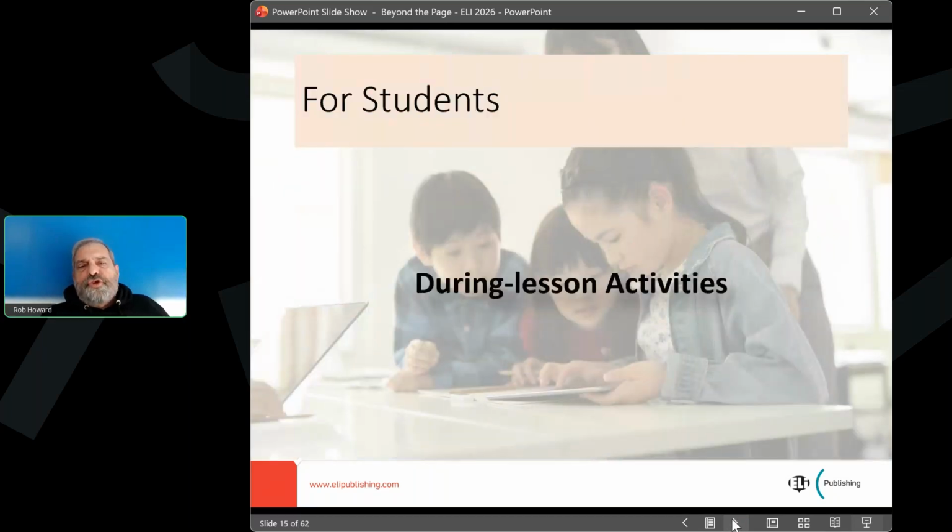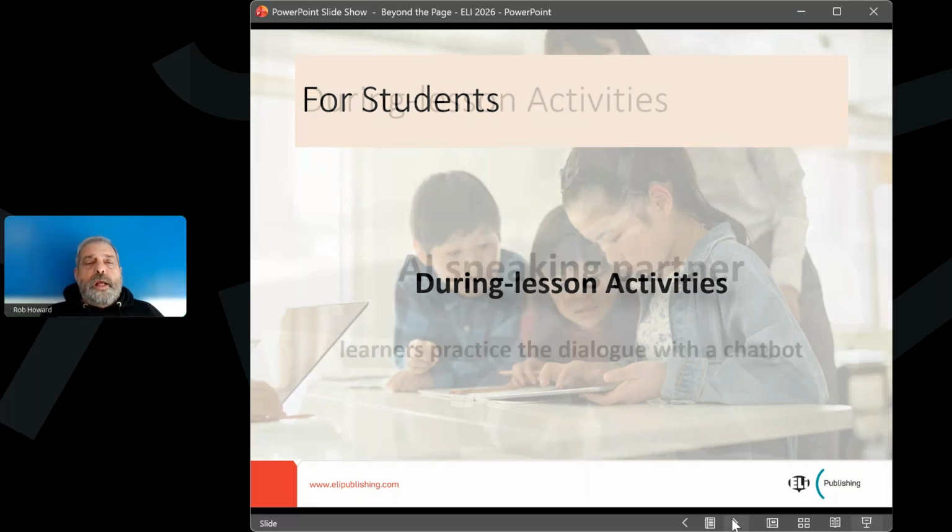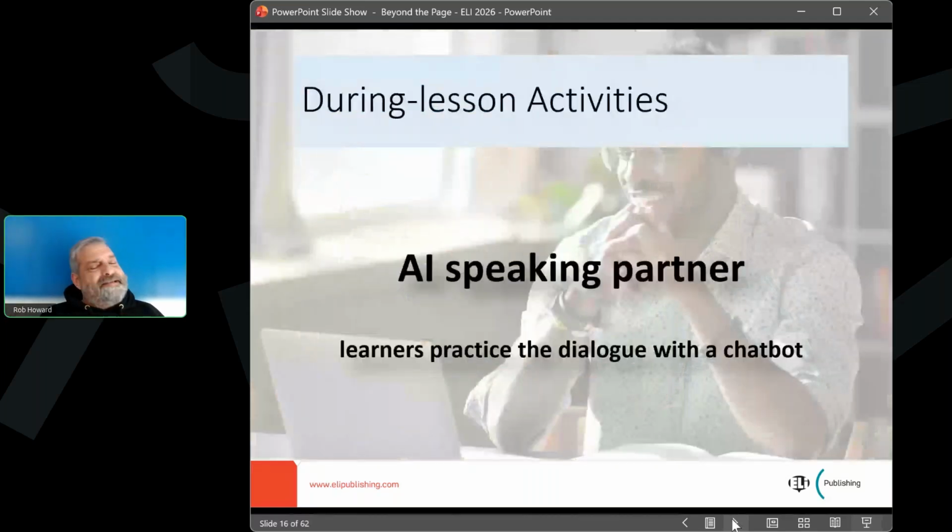Now, for the students, these are things that we can do during the lesson activities themselves. AI speaking partners. Now, I won't go far into this. I'm not personally a big fan of AI chatbots. I would rather have my students talking with someone else in the class, a real live person, than talking to an artificial person on the other side.